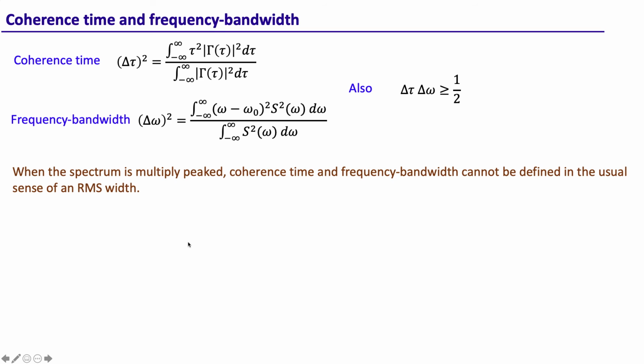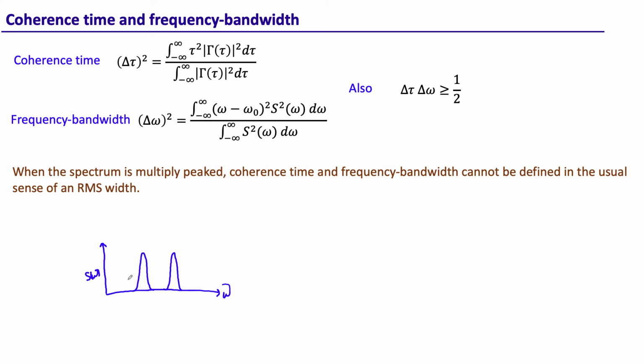So for example, if the spectral density is of this form, that it has one peak like this, the other peak like that.